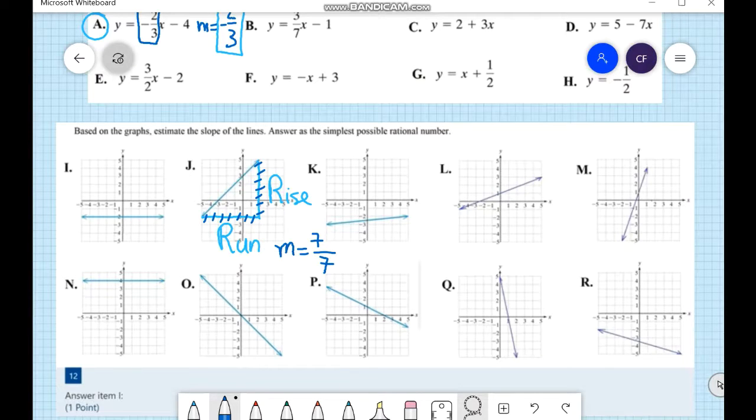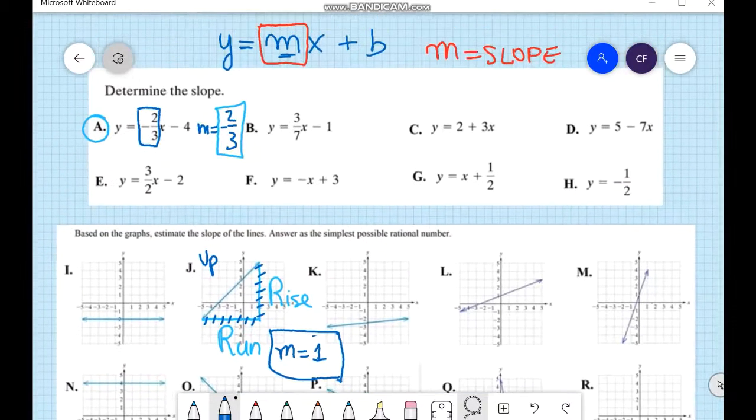And this is going up, right? Up is positive. So 7 over 7. Actually, you can simplify 7 over 7 as 1. Okay? This is how you work the first part and the second part.